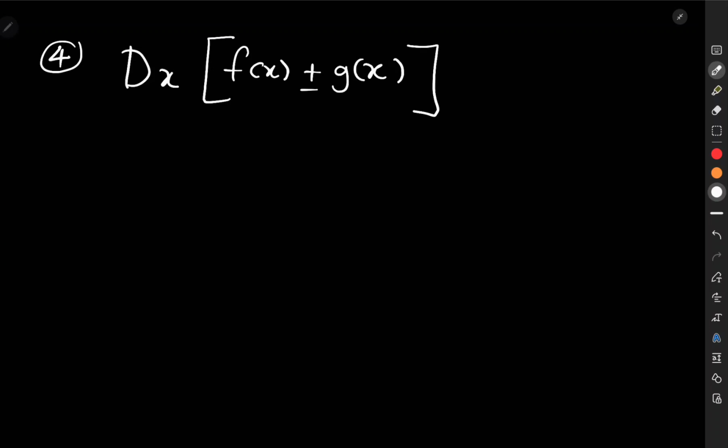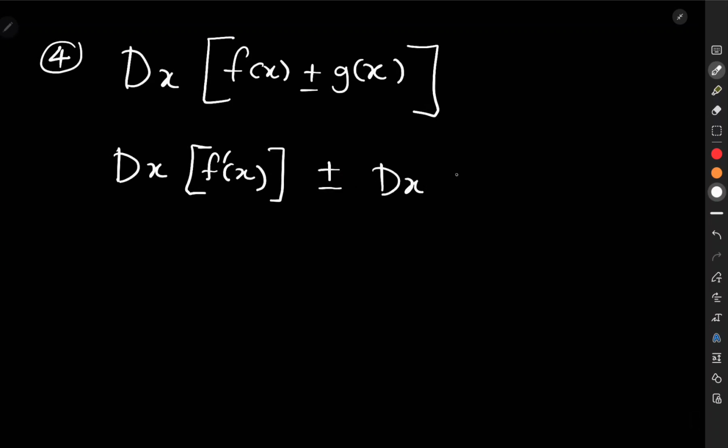The fourth law assumes that, for example, we're given the sum of f of x plus g of x, or the sum or difference of f of x plus or minus g of x. The derivative of this would be the derivative of f of x plus or minus the derivative of g of x.